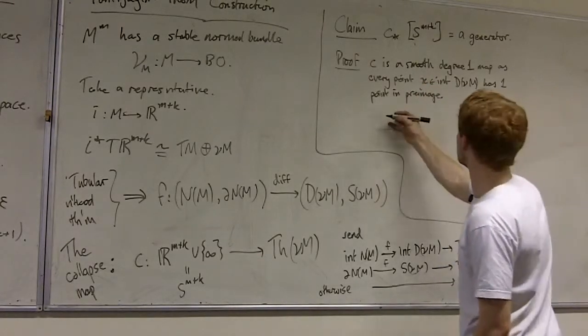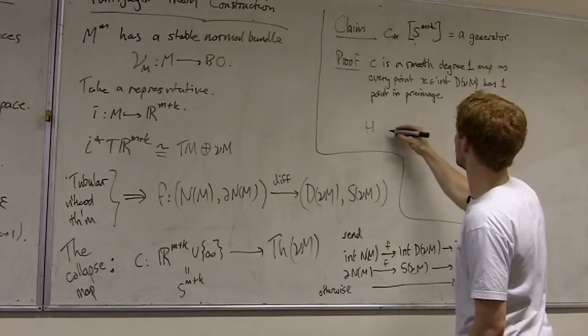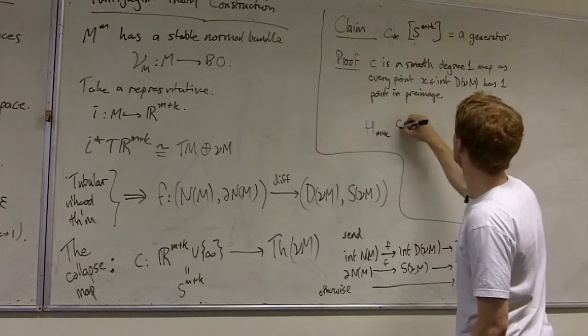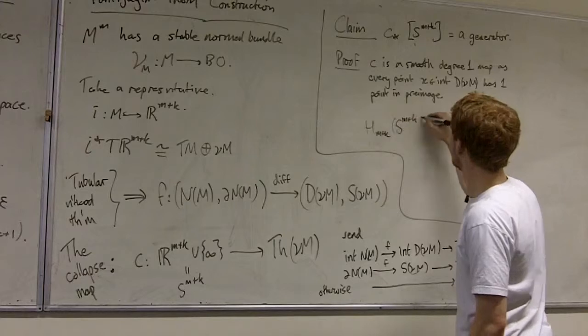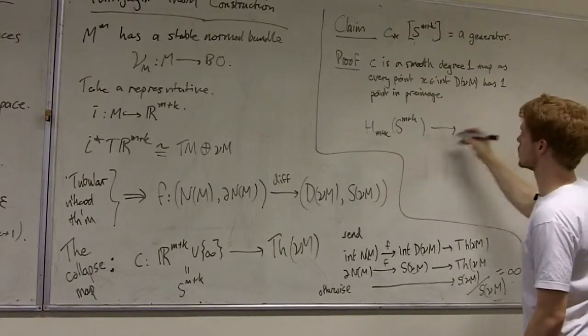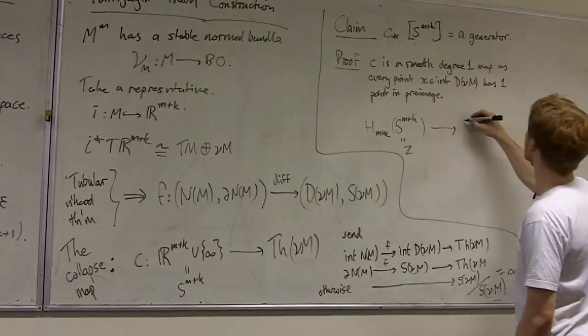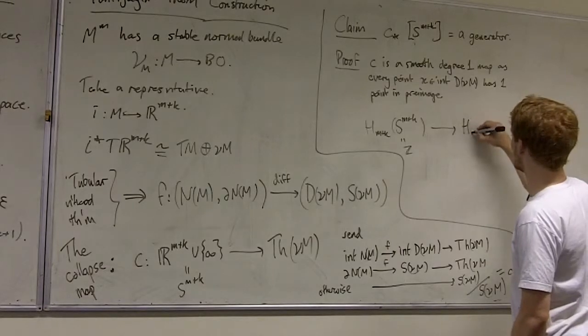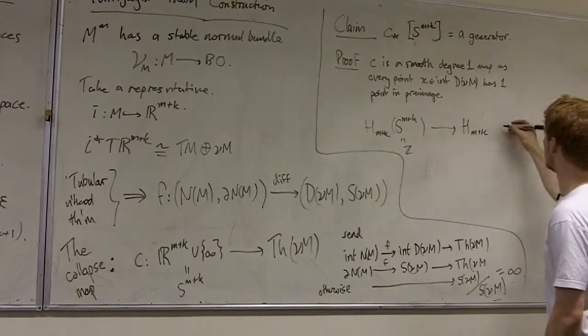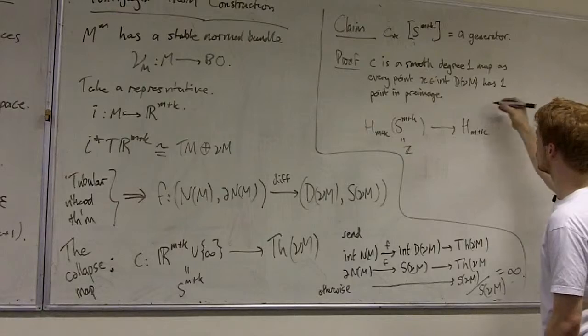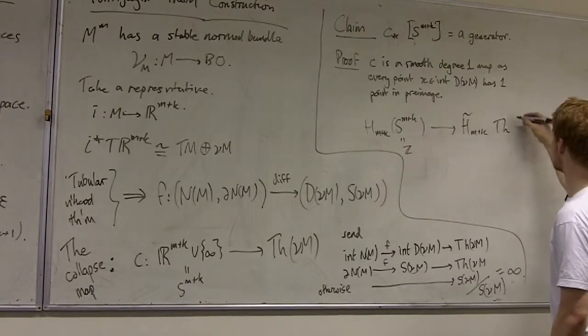So degree 1 means that I'm taking, what am I taking? So this is Z obviously, and this should be H_(m+k) of the Thom space, reduced.